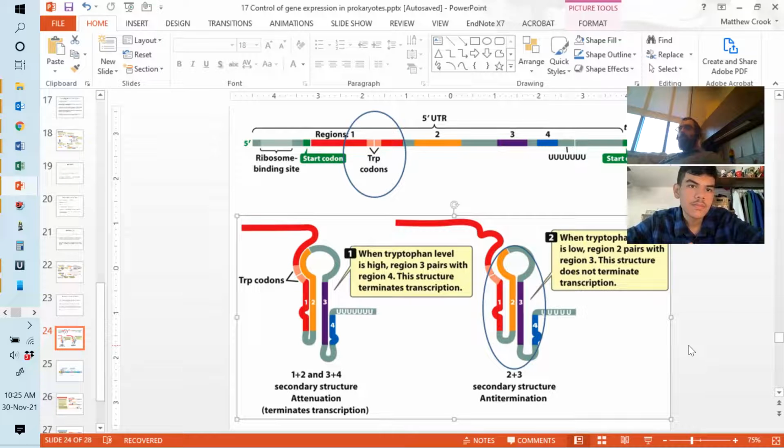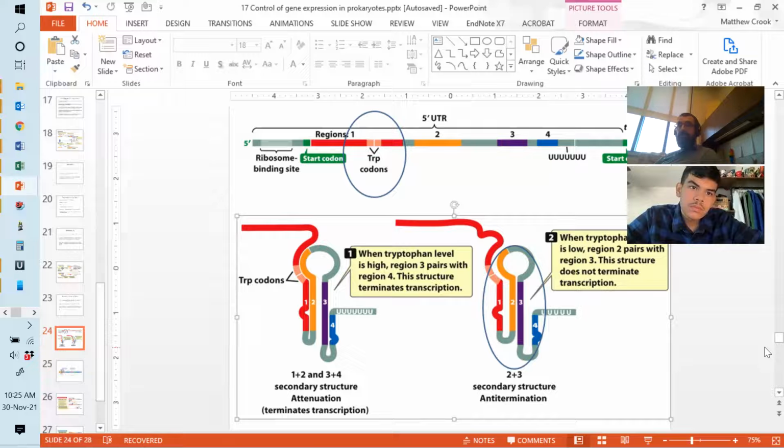So what will happen if there is no tryptophan present in terms of translation and the ribosome? The ribosome is stalled? Yes, where? On region 1. Okay, so if it's stalled on region 1, what's going to happen in terms of these two conformations? Right, so region 1 is not available.